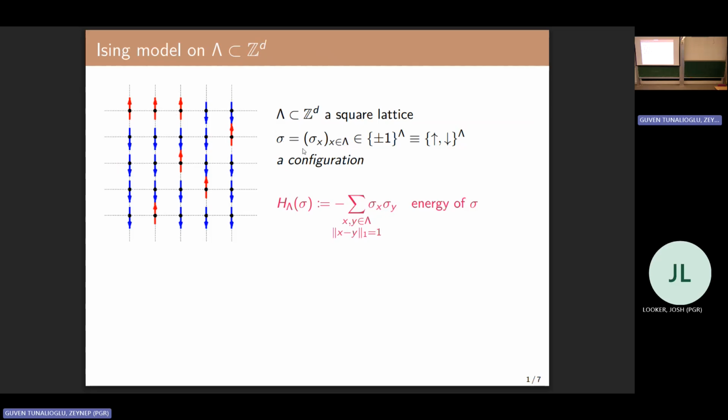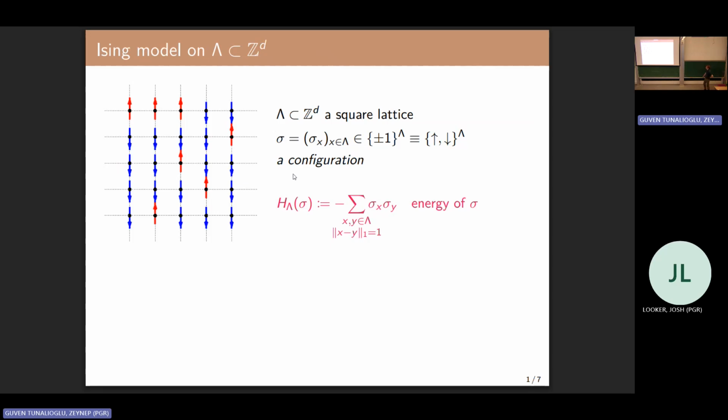Here sigma is a vector that assigns either plus or minus 1 at each site. So that's the configuration. And then to each configuration we assign an energy. This red thing, H, stands for Hamiltonian, which is the standard name in physics for this object.